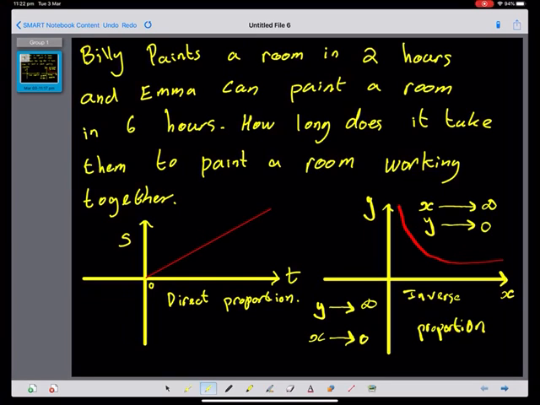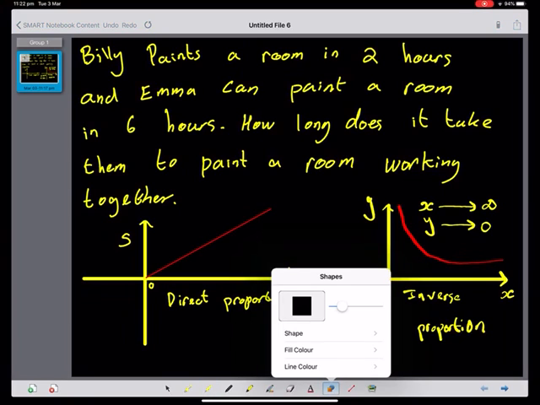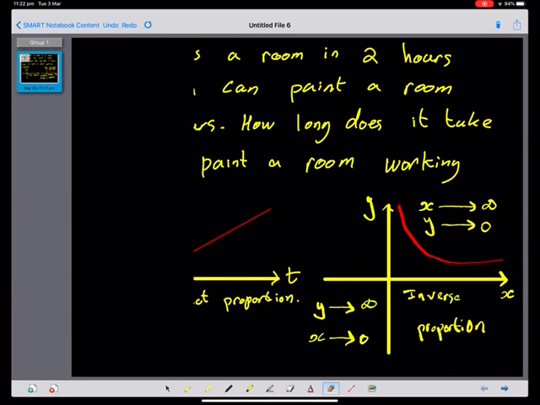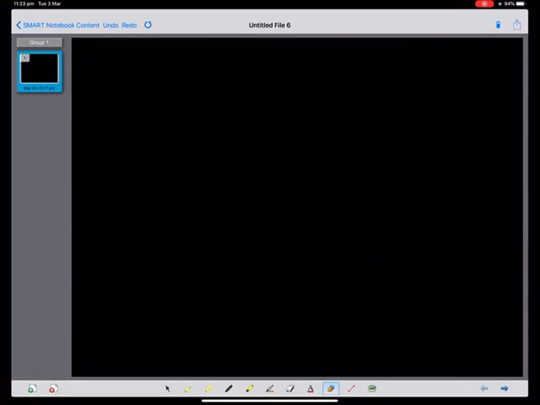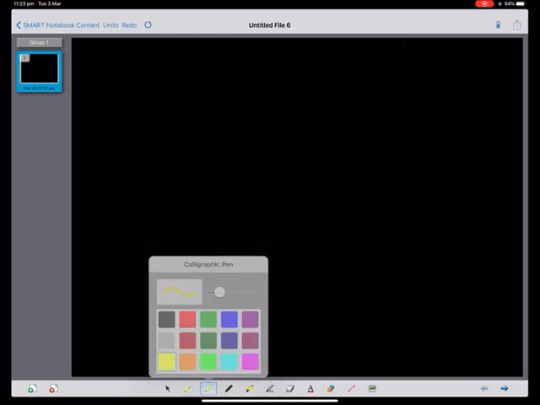Let's consider the time it takes to build a house and the number of workmen. Okay, so let's put a title, inverse proportion.